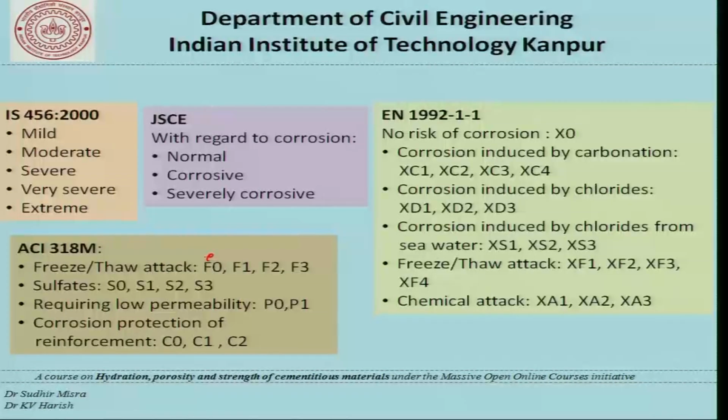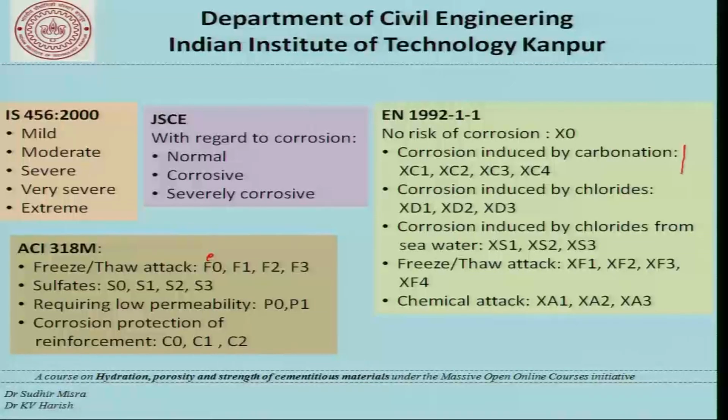So now if we look at all these codes in a comprehensive manner, if we see the provisions of these codes in totality, we see that indeed there is a difference of detail in all these codes, but the effort is to classify the environment and try to understand what kind of measures we need to take. We have to first of all, from our previous experience, assume that yes, in this structure or this environment there is likely to be corrosion.